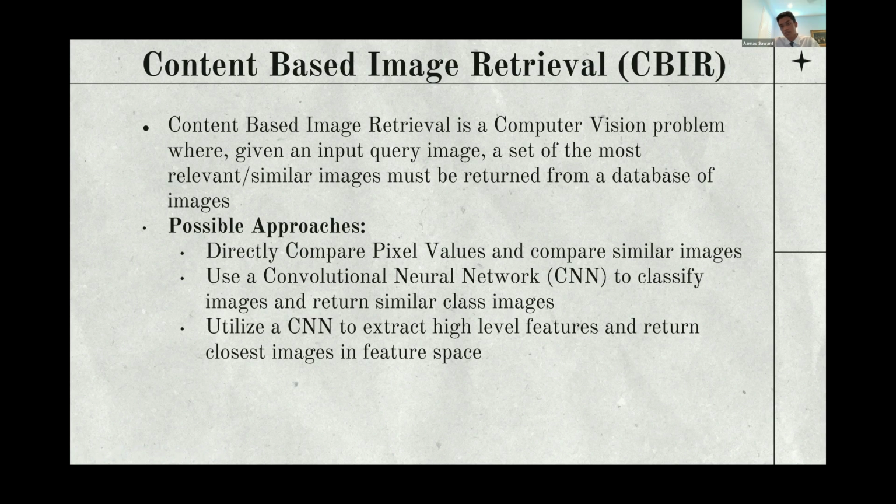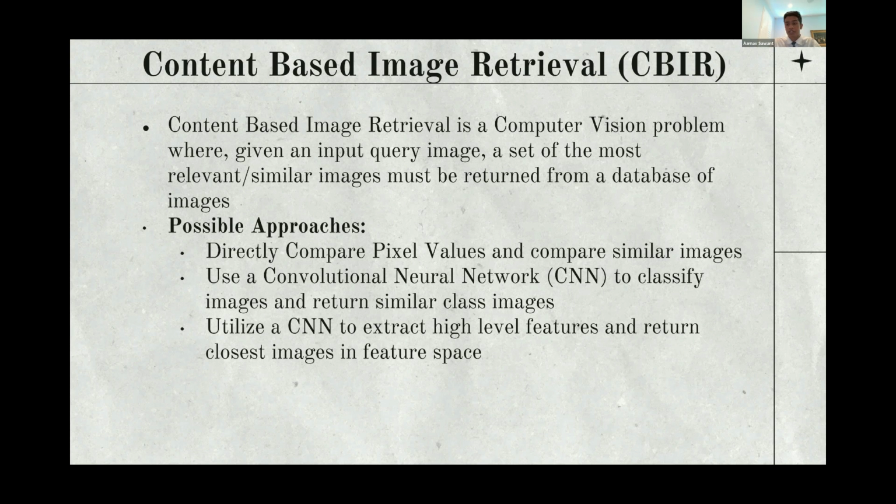The first one is the most naive way, which would be to directly compare pixel values and compare similar images. While this might be the simplest way, as anyone who's attempted to do any kind of image distance can speak about, image distance is not a very great metric of telling similarity, especially in the pixel space. So that way is the most simple, but it's the least effective.